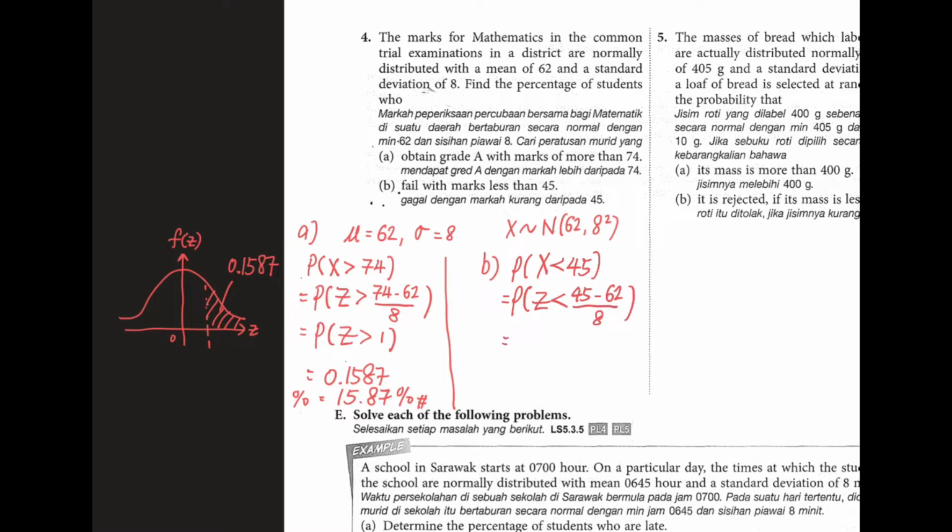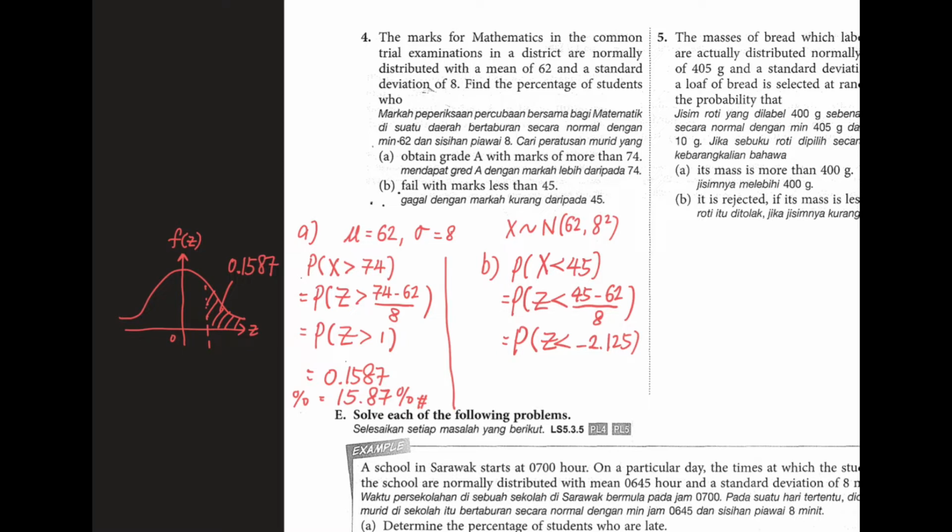Then we simplify the fraction: 45 minus 62 is negative 17. Negative 17 divided by 8, so we get negative 2.125.